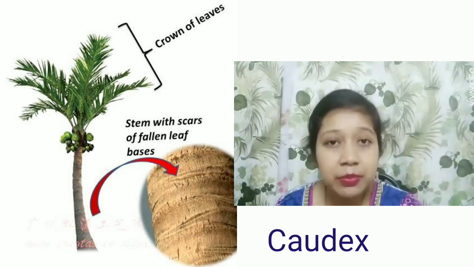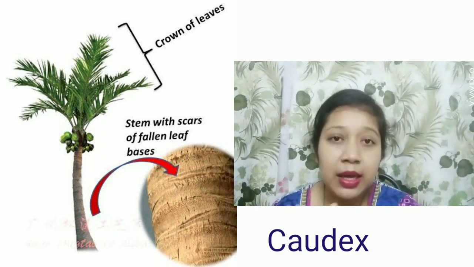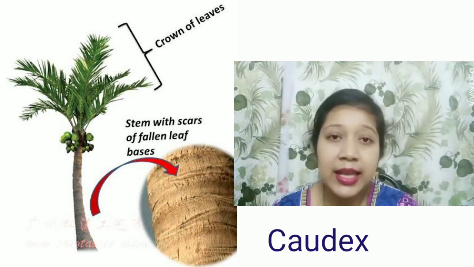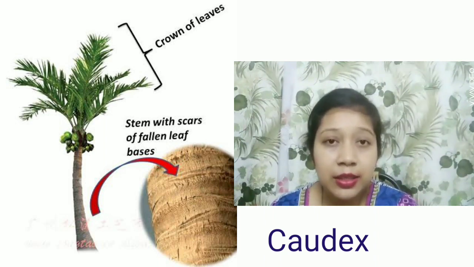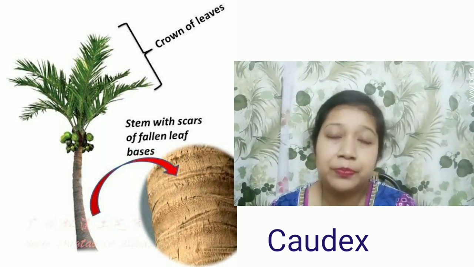The main stem just grows in length, and towards the apex or the tip of the stem, they have only the leafy branches, as in case of the coconut tree, date palm, etc. So these are the different types of stems, and on the basis of that, the plant bodies are named in different forms.